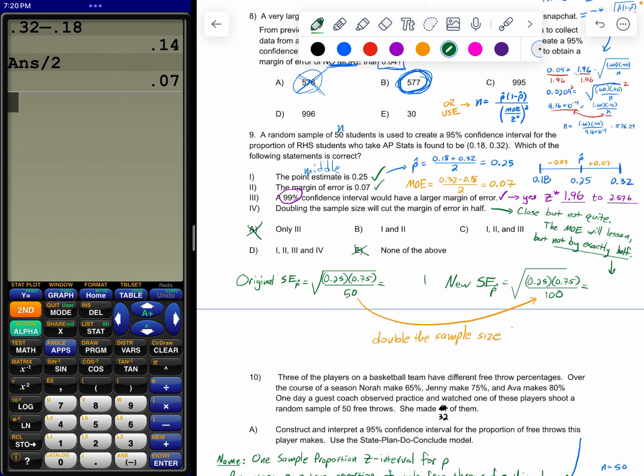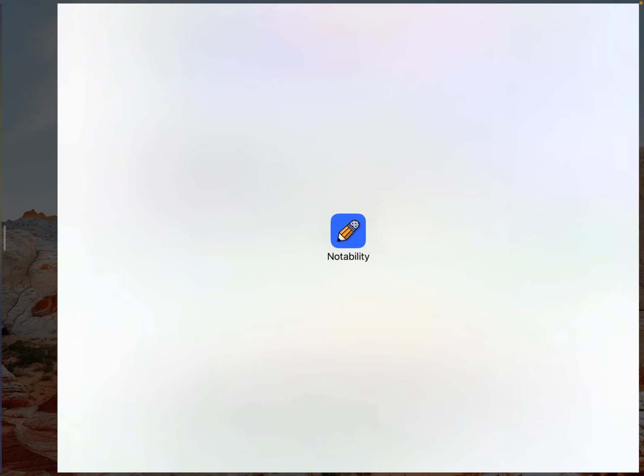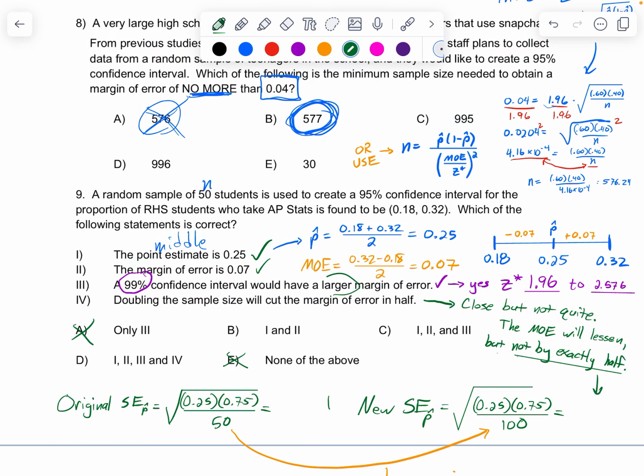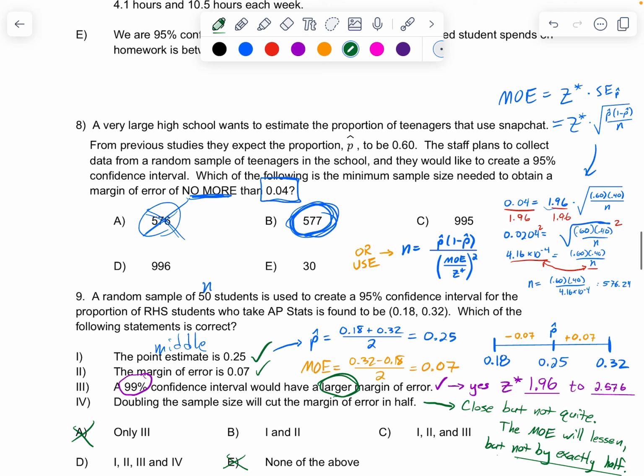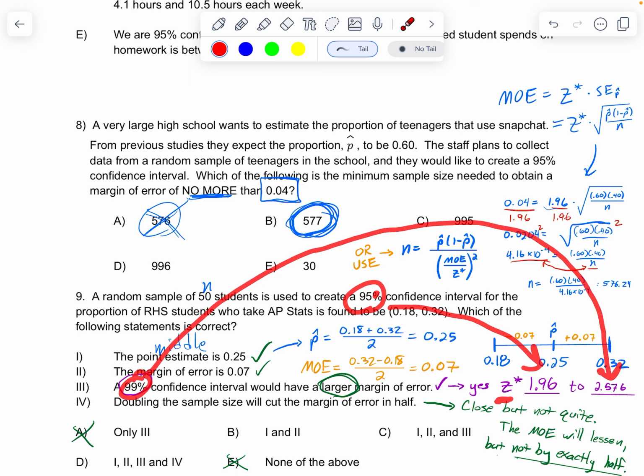Number 3, a 99% confidence interval would have a larger margin of error. Okay, margin of error, right? We just did one like that. This is your margin of error formula. If your confidence goes from 95 to 99, what does your z-star do? It goes from 1.96 to 2.576.